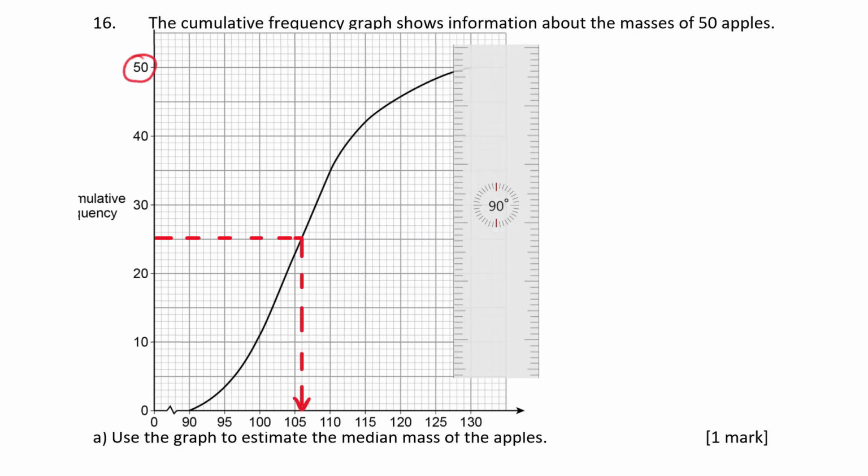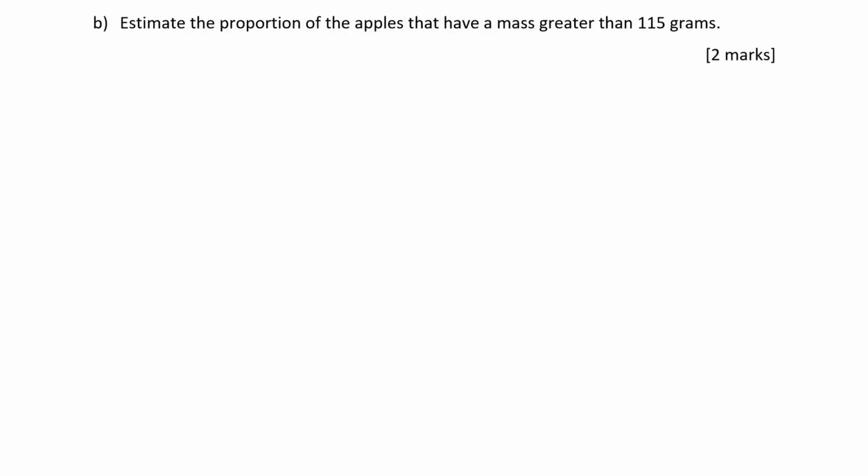See, I end up down here. What's that? It's one little square up from 105. Now there are 5 little squares between 105 and 110, so each square must be 1. So I reckon that's 106 grams. So I'm going to say my estimate for the median mass of apples is 106 grams. Okay, now marking the graph like this is good method, so it's good to draw it on the graph as evidence of your working.